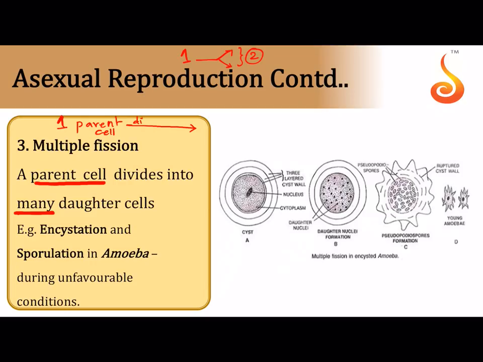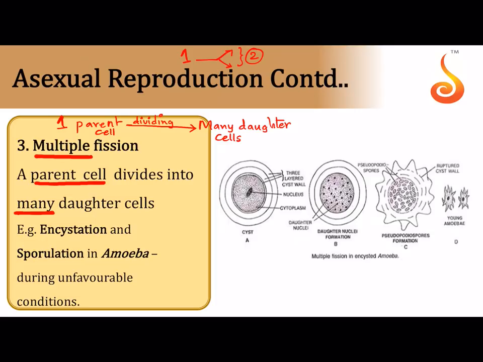It is dividing. How it divides we shall see now. Into many daughter cells. So not just two daughter cells, but many daughter cells. That's why it is referred to as multiple fission. The best example for multiple fission is amoeba again.